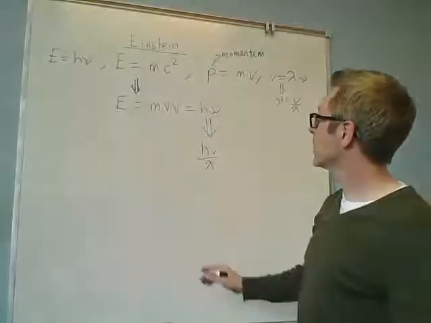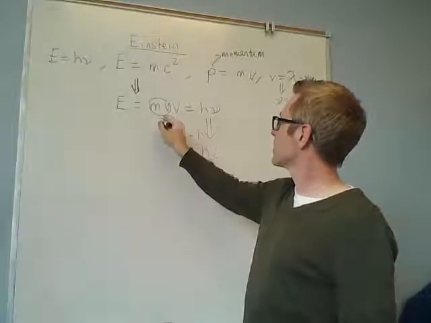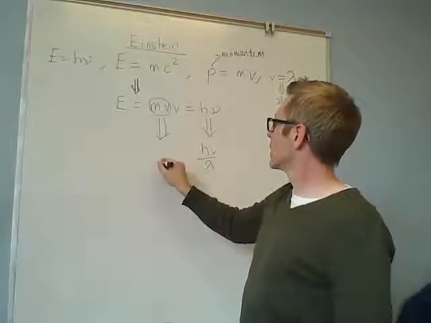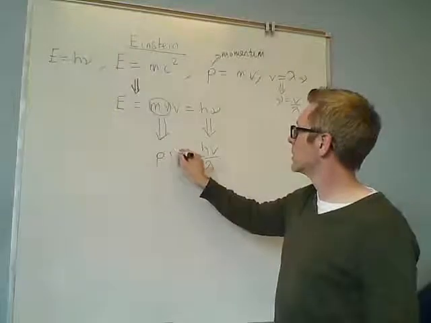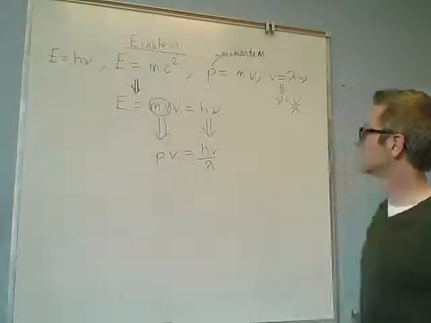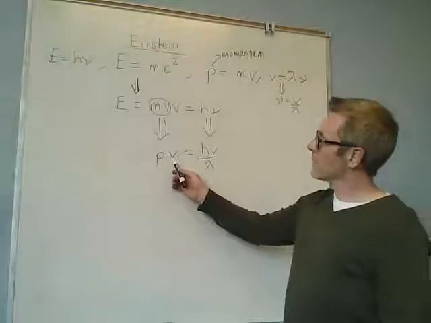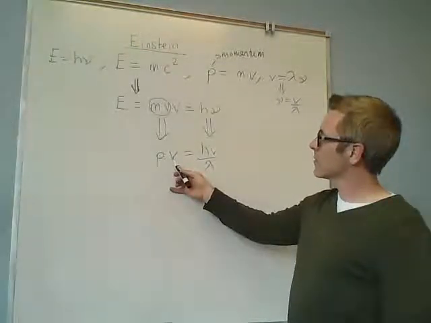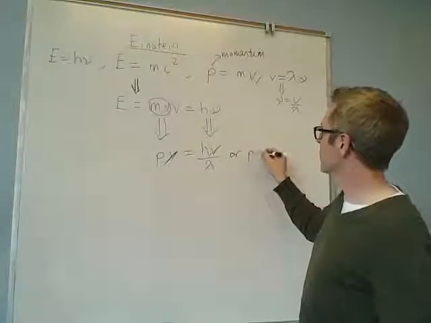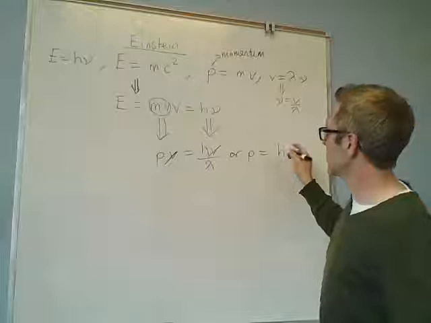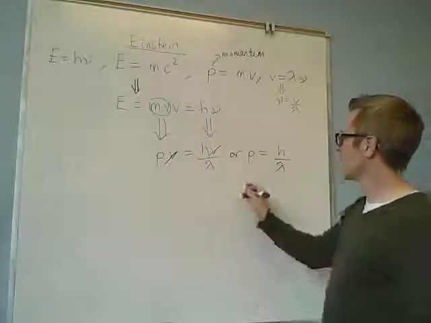And we said that mv is just p, momentum. So we can see we have a velocity on both sides, so we can cancel those. So we just have momentum equals h, Planck's constant, over wavelength.